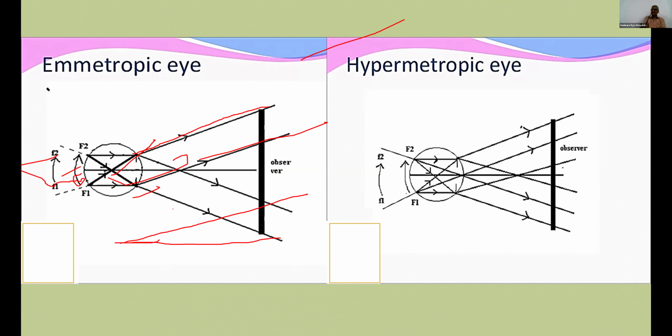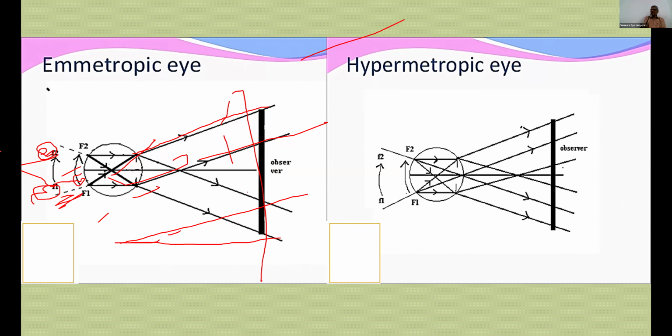Now they have to come out of the eye as parallel rays. You cannot converge to a real image, so you project backwards. The dotted lines, can you see the dotted lines here? So F1 will form an image like this, F2 will form an image like this. Understand now? When we move the mirror up, F1 to F2 on the retina, the false image also goes F1 to F2. Same direction movement is there.